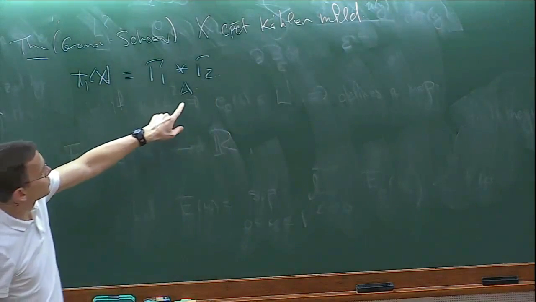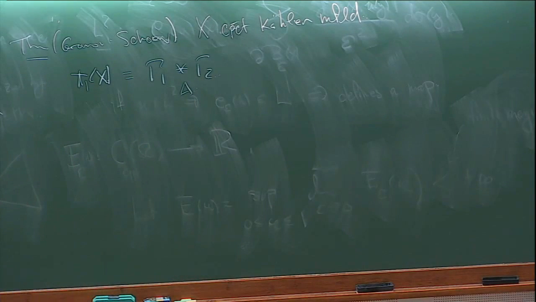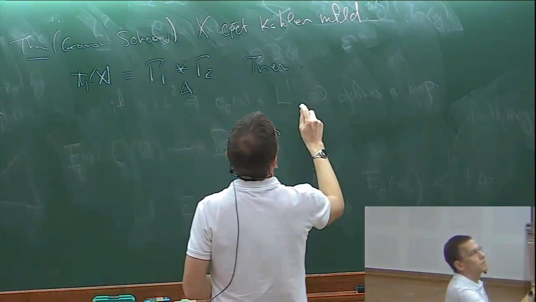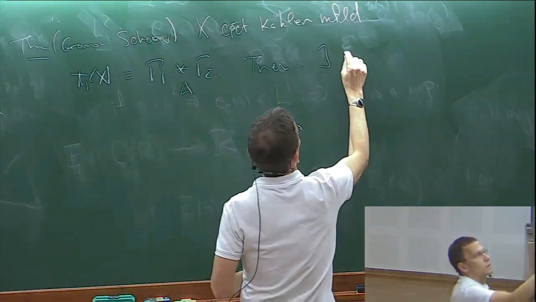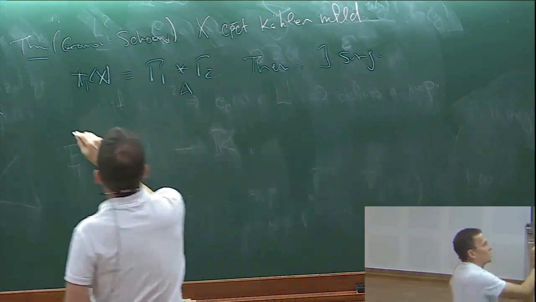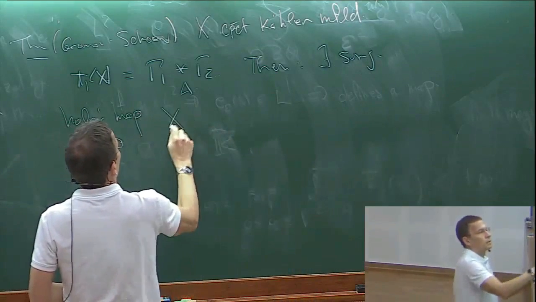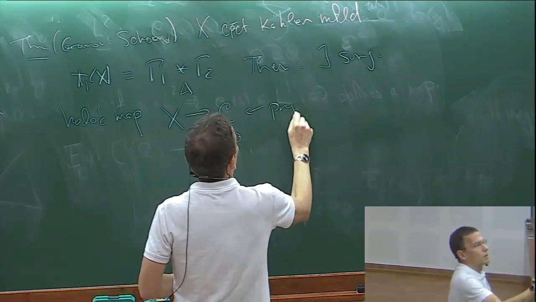And here I think I need to assume that this subgroup has index at least 3 in one of the two factors. And that's it. Then the statement is there's a surjective holomorphic map from X onto a curve. So this is a projective curve.